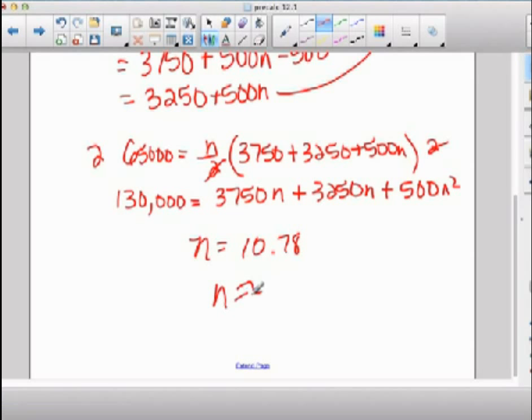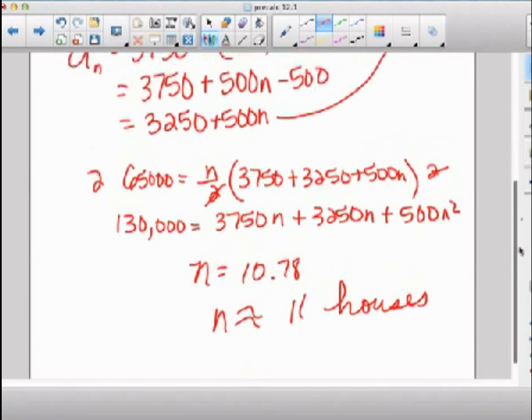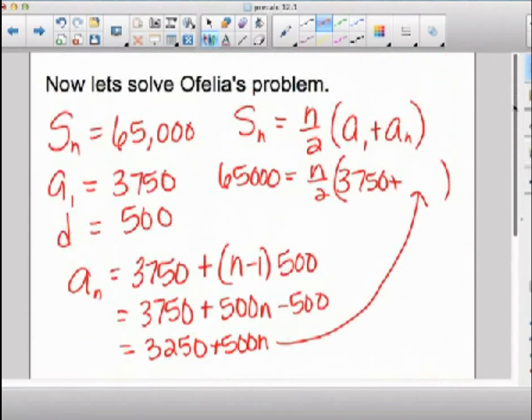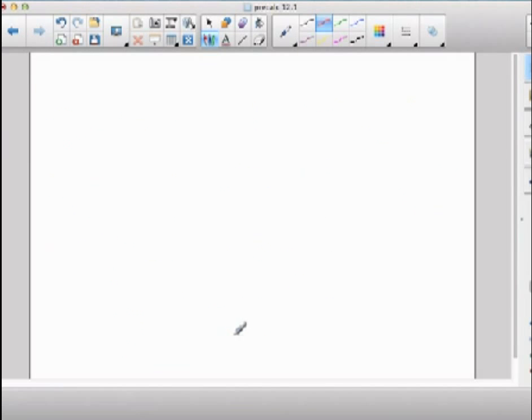So she has to sell about 11 houses in order to make her 65,000. But ladies and gentlemen, that's what you go through to find that, which is pretty arithmetic, algebraic, pretty easy. The end.